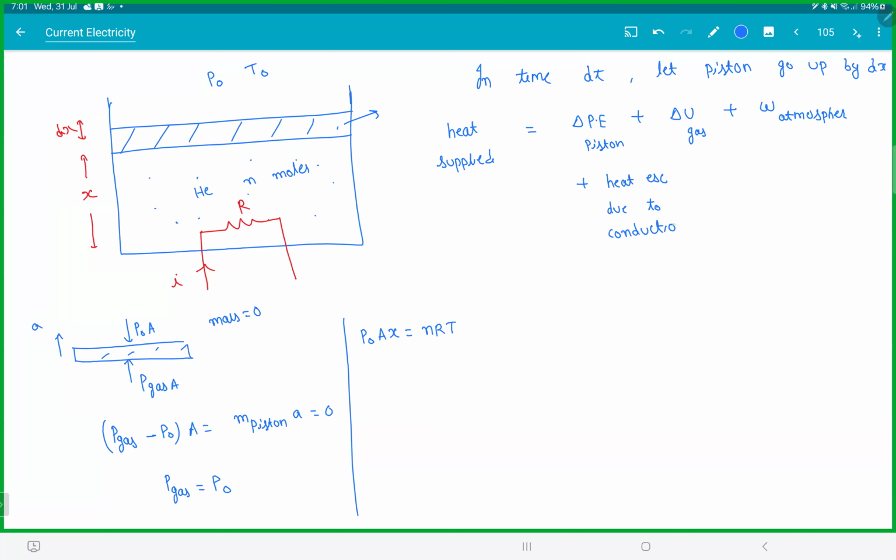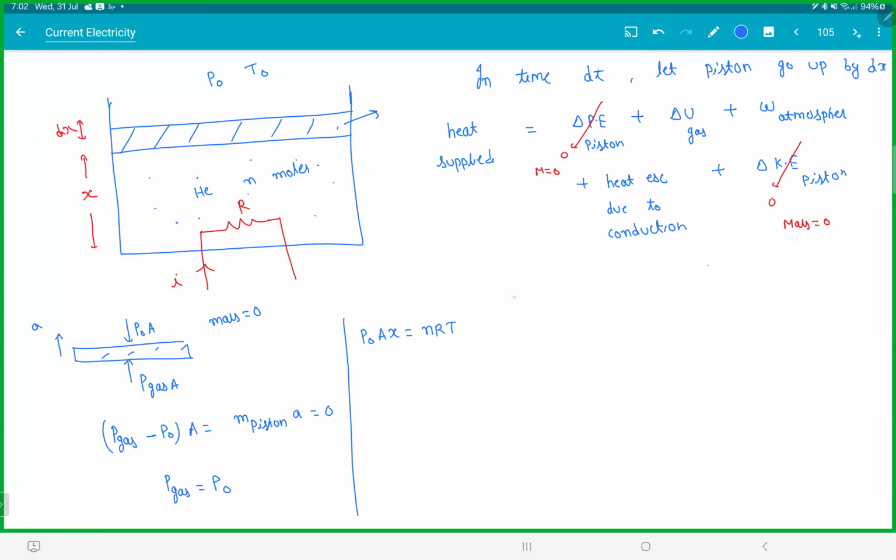Conduction plus change in kinetic energy of piston. So there'll be 5 terms here. But luckily, this term would be 0 since mass is 0. That's the reason I gave M 0. If M is there, it would be quite a mess.